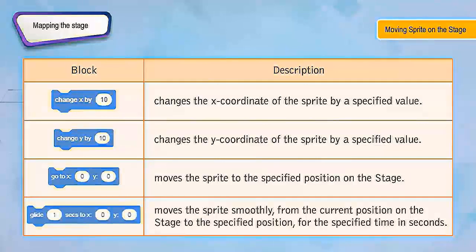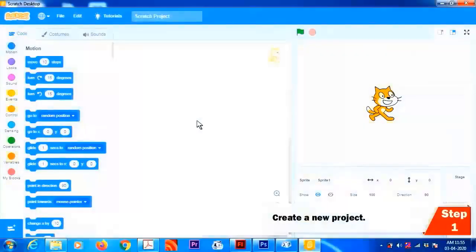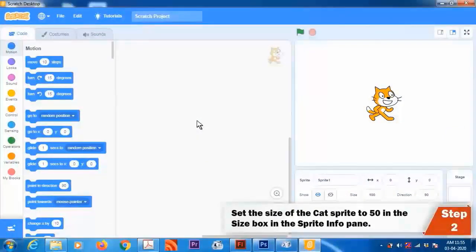Moves the sprite smoothly from the current position on the stage to the specified position for the specified time in seconds. Example: let us use the above blocks to move the sprite on the stage and draw a rectangle. Step 1. Create a new project. Step 2.